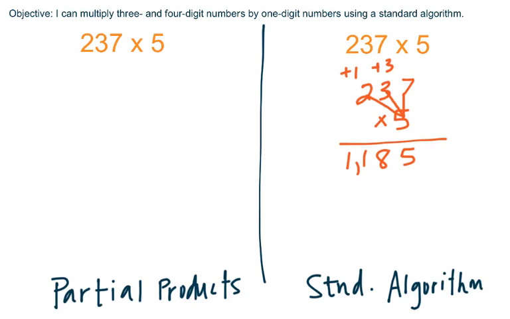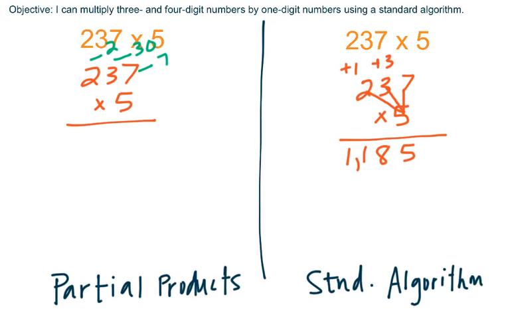Okay, now let's solve that with partial products. So we've got 237 times 5. Now remember, this is what we did in our last video, so this should look familiar to you. This is a 7. This is not a 3, it's a 30. This is not a 2, it's a 200. Excuse my handwriting.